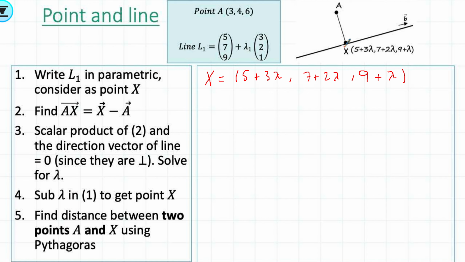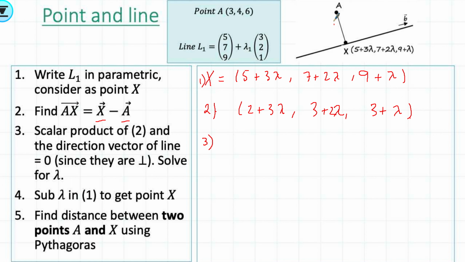So now I need to find the distance from A to x, so I need to do x minus A. So step 2, this is step 1, this will give me 2 plus 3 lambda, 3 plus 2 lambda, and 3 plus lambda. So I'm just taking this and subtracting the point there.